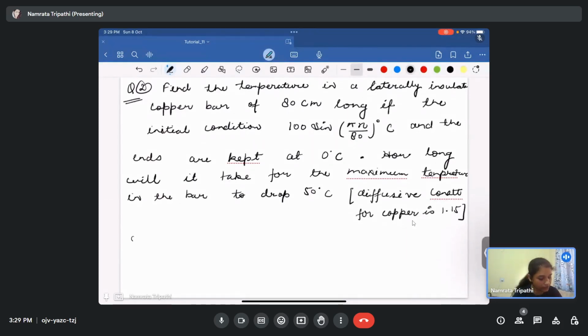How to model the given problem? First of all, we have to write the equation. Can anyone tell me the given problem in the form of heat equation and with initial condition and boundary condition?